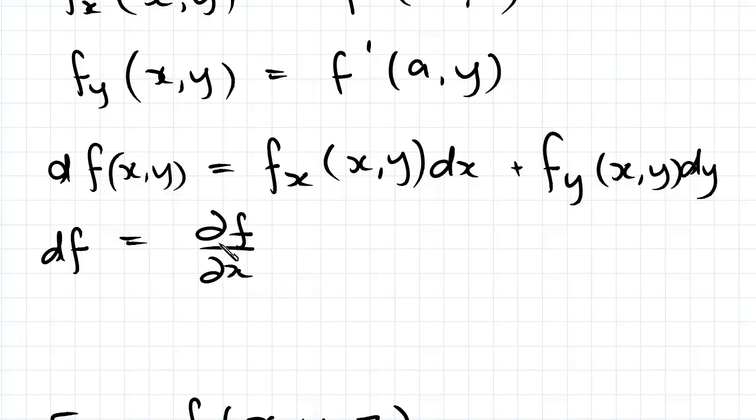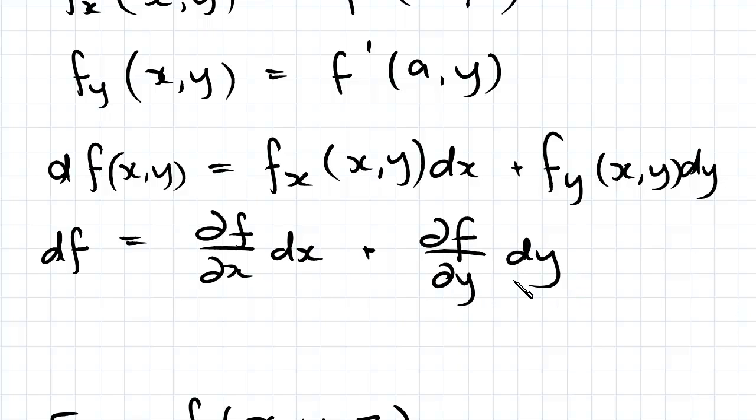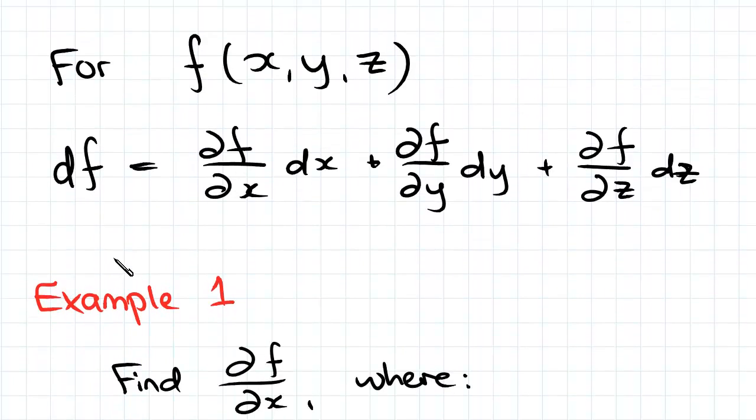So the delta notation means that it's the partial derivative of the function, and here we're looking at in terms of x, and we multiply that by dx plus delta f on delta y dy. So this also applies for functions with more than two variables. So here we have three variables, we simply add another term at the end.